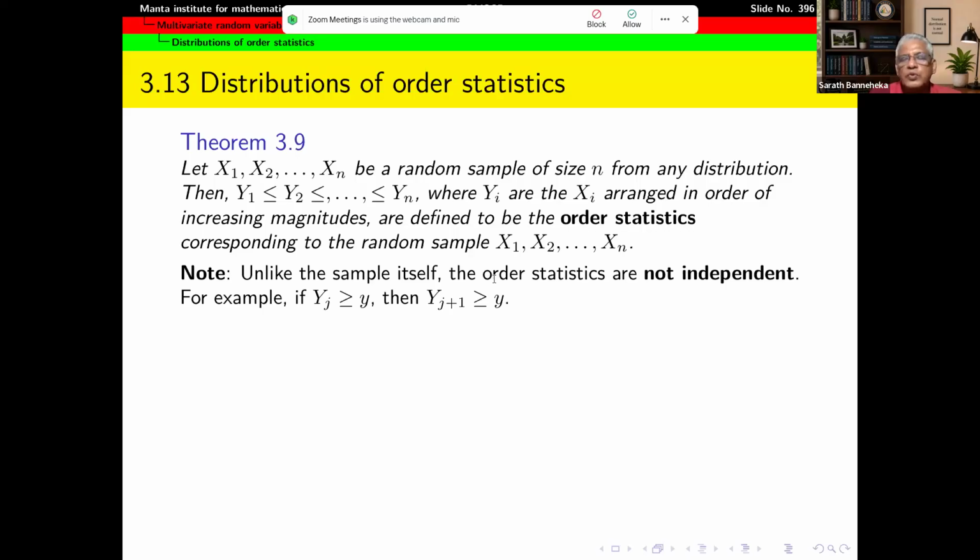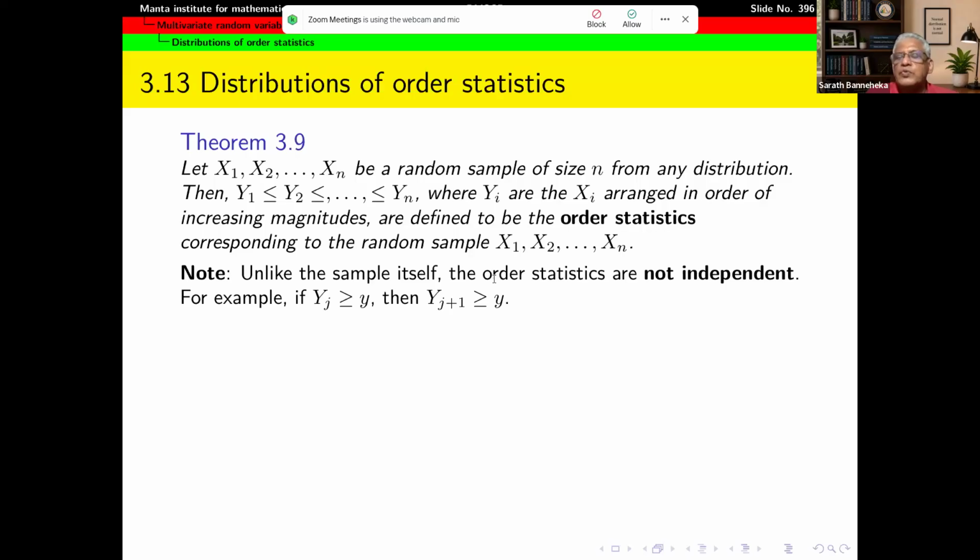So like that, if you do it again and again, taking samples of the same size from the same population or same distribution, and from each sample finding the minimum value, from one sample you have one minimum value. Suppose you do this about 10,000 times, and therefore you have 10,000 possible values for the minimum of a random sample of size n coming from that distribution.